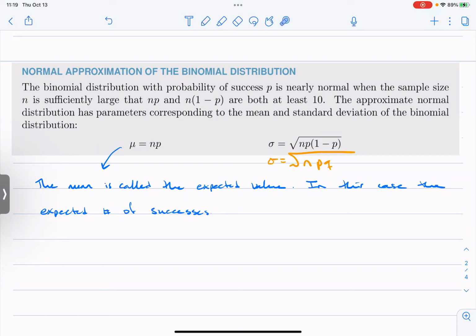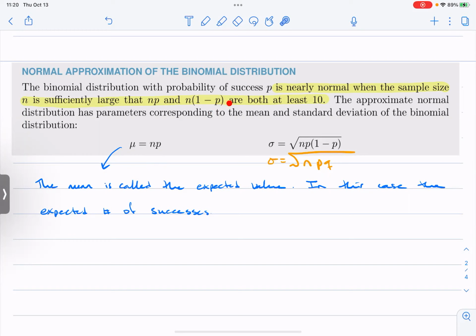The binomial distribution with the probability of success p is nearly normal when the sample size n is sufficiently large. And here's the condition: n times p and n times q are both at least 10. n times p, we've seen, is the mean, the expected number of successes. n times q is the expected number of failures.